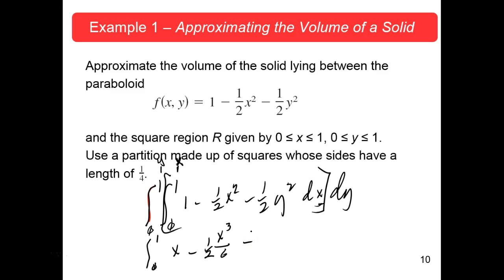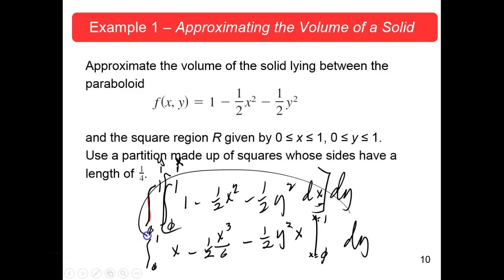You treat that as a constant. 1/2 y squared x. We're going to evaluate that from 0 to 1. But these are x values. Remember, x equals 0 to x equals 1. And then we're going to have our dy. That dy goes with this integral here we haven't done anything with yet.